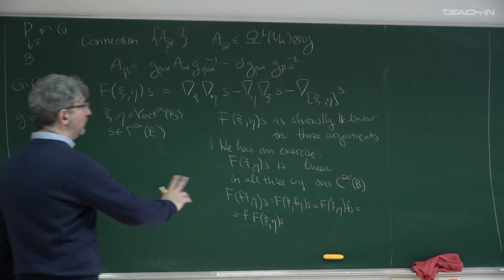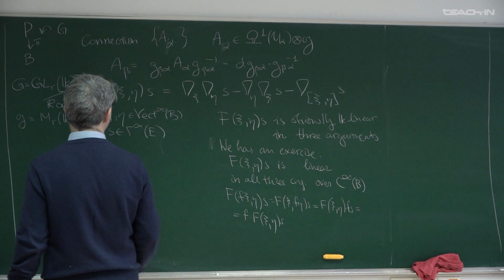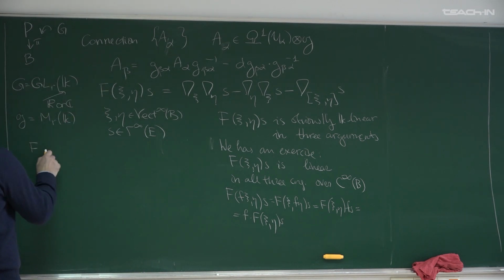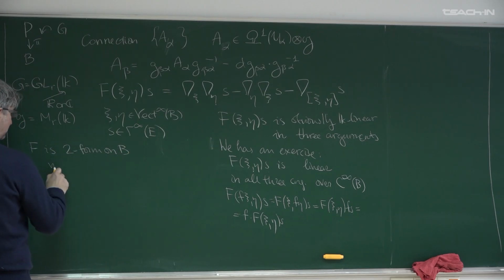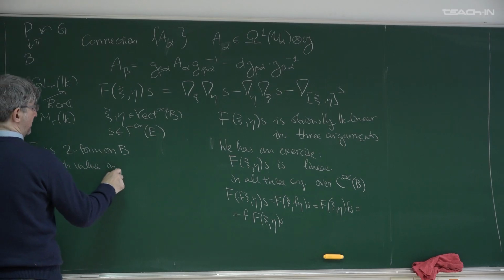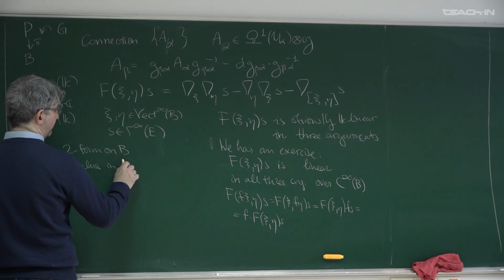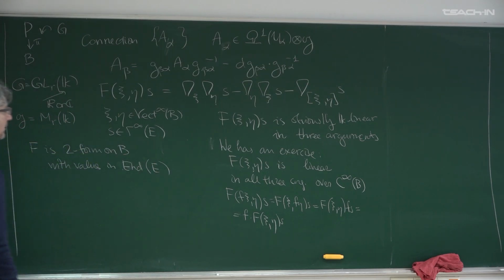So knowing that this is linear over the functions, we can think that curvature F is a two-form on B with values in endomorphisms of vector bundle E.